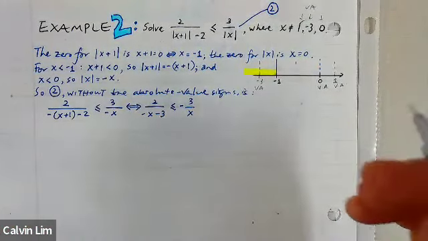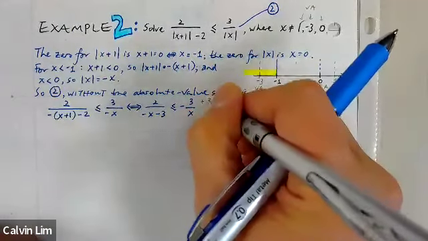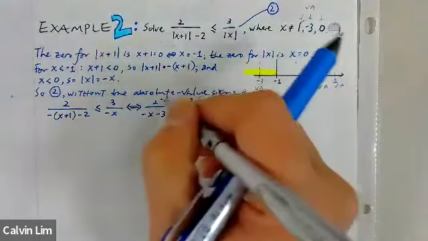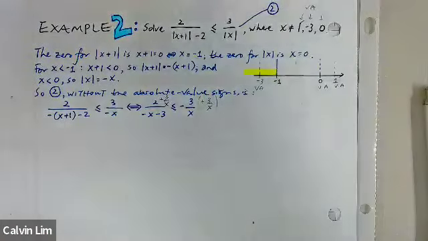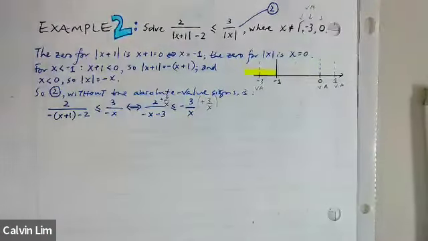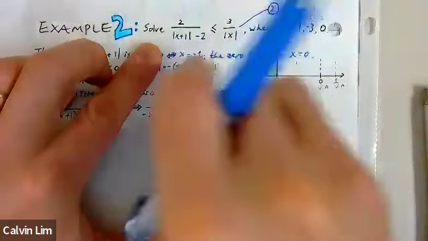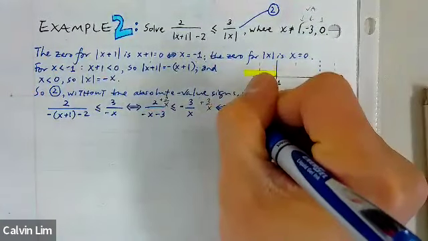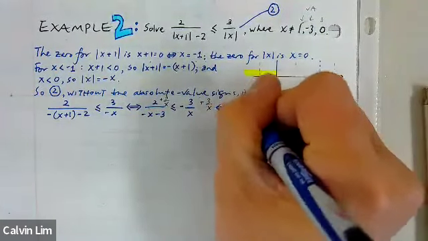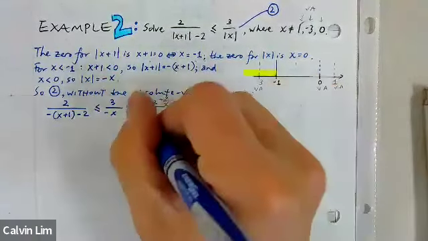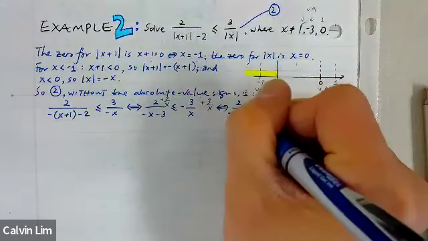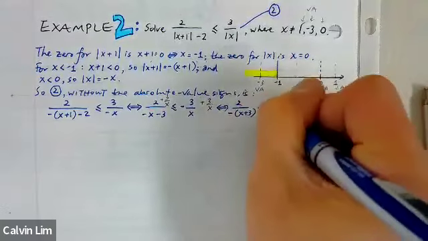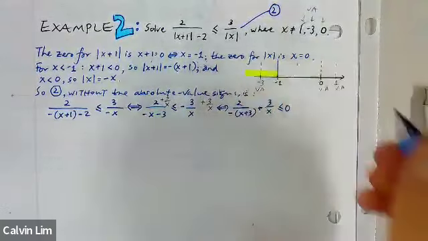How do you do that? You can only add or subtract. So I'm going to add 3 over x to both sides. So this gives me 2 over, I'm just going to factor out negative from -x minus 3, to give me 2 over -(x plus 3), plus 3 over x is less than or equal to 0.